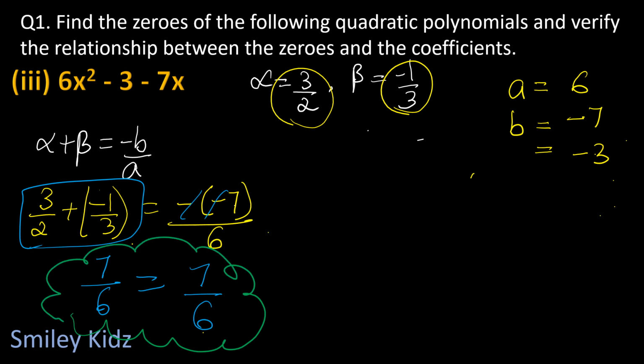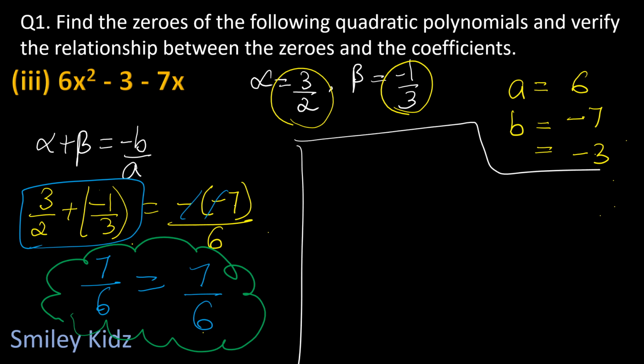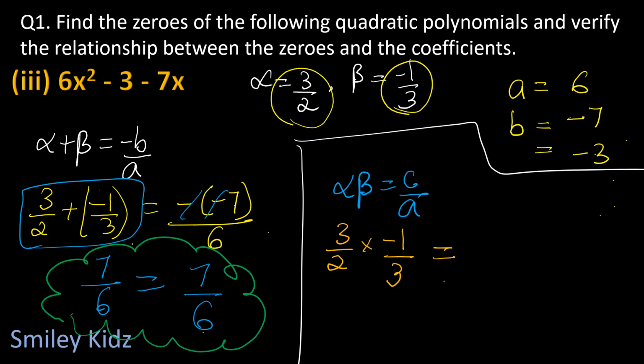Now we're going to see the product of the zeros. We know that the product of the zeros, alpha beta, is equal to c by a. And we know that alpha is 3 by 2 and beta is minus 1 by 3, which is going to be equal to, what is the value of c? Minus 3, isn't it? So minus 3 upon 6. Now here 3 and 3 get cancelled.